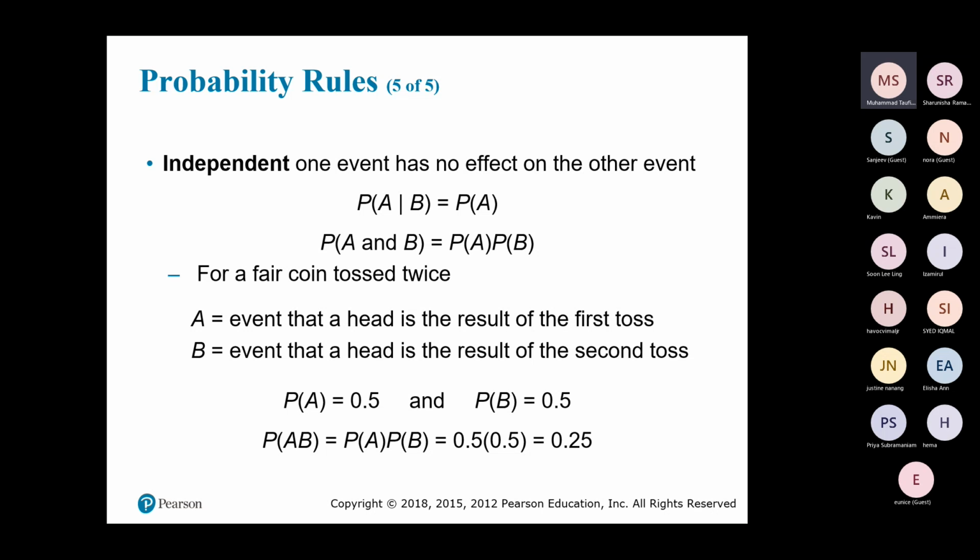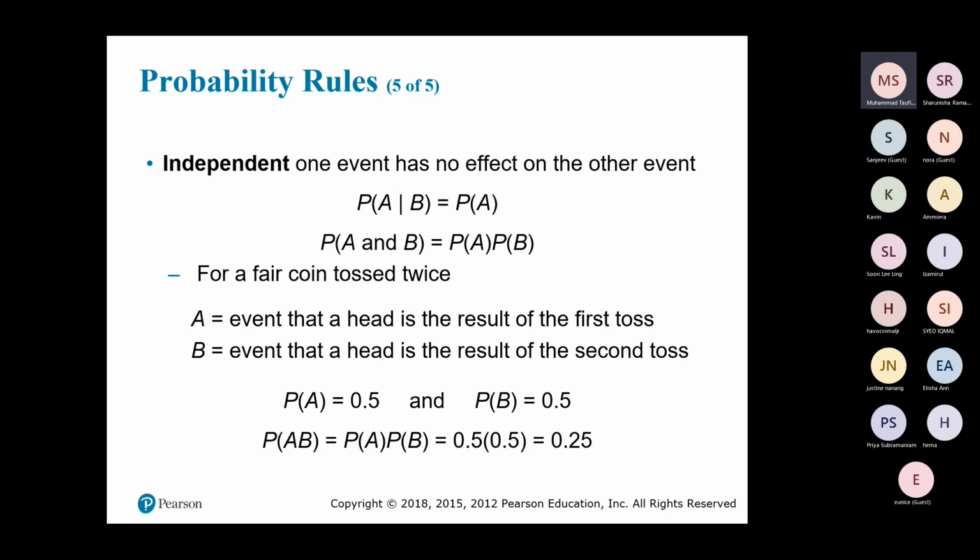So the result on first event will not affect the result of second event. It means that the events are separated and will not affect one another. So independent event we can actually say it as mutually exclusive event.